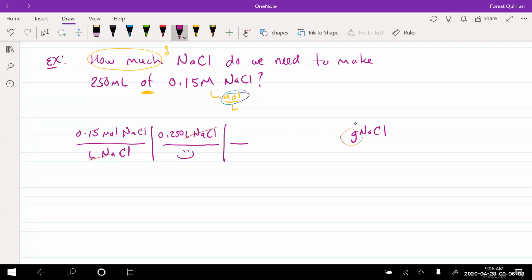And again, the periodic table is our friend. If we go look it up, it should be 58.44 grams of NaCl, and since we go to the periodic table, it's 1 mole of NaCl. We have our grams like we want. And if we do that, we should get 2.19 grams of NaCl is what we need.